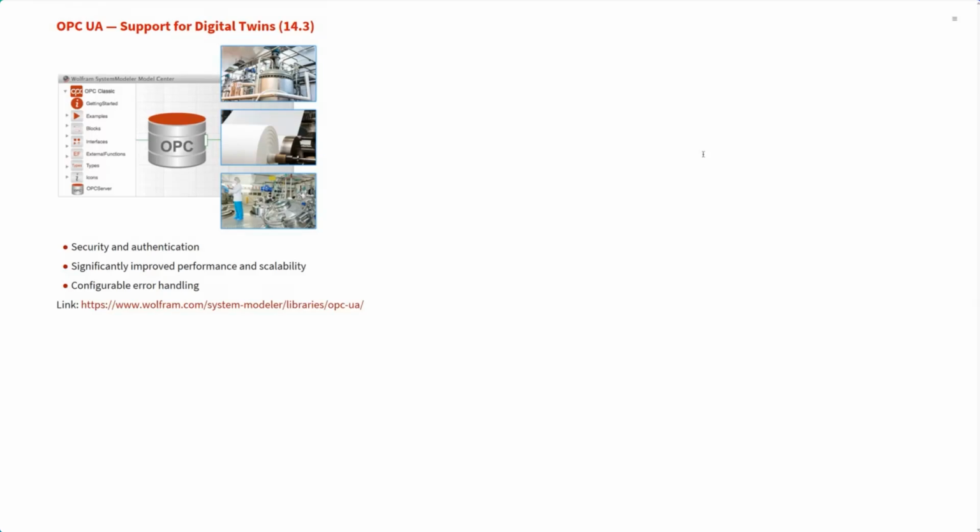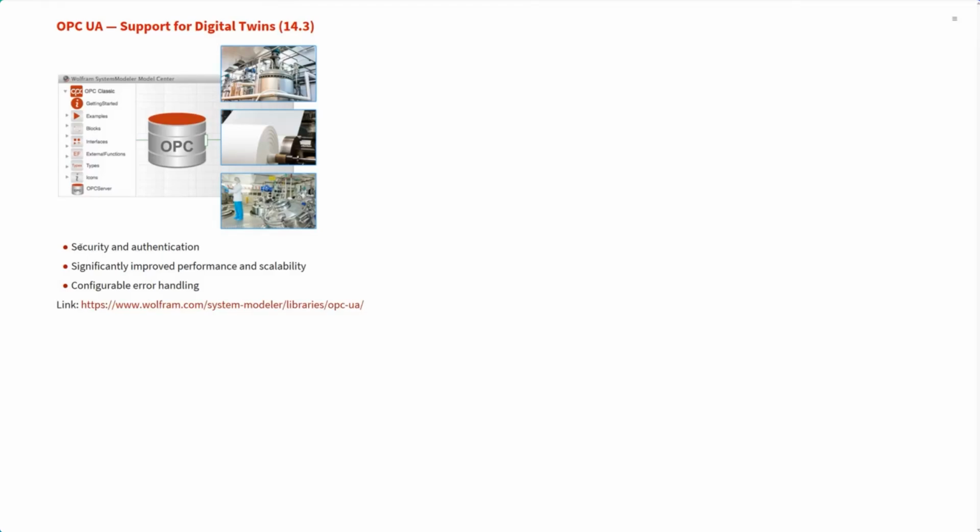The OPC UA library is a communication library for you to interact with real devices, hardware, mostly used in process industry, but for instance, a lot of your home appliances will communicate over this protocol. And the updates we've done to it are especially within security and authentication.